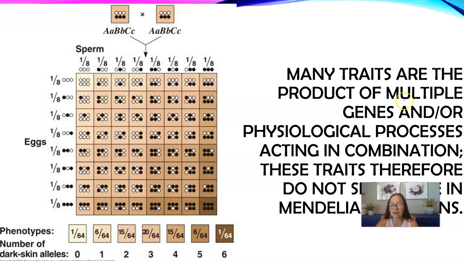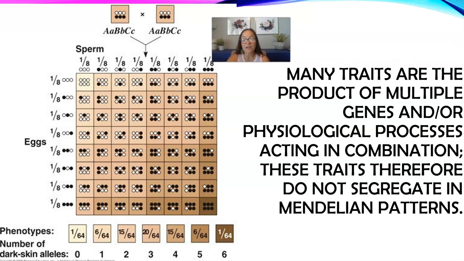Now, some traits are the product of multiple genes and/or physiological processes acting in combination. These traits, therefore, do not segregate in Mendelian patterns. So sometimes our traits aren't necessarily as cut and dry as dominant and recessive on an autosomal chromosome. A good example is our skin color. Skin color is actually polygenic, meaning our one phenotype is the product of multiple proteins working together inside of us.